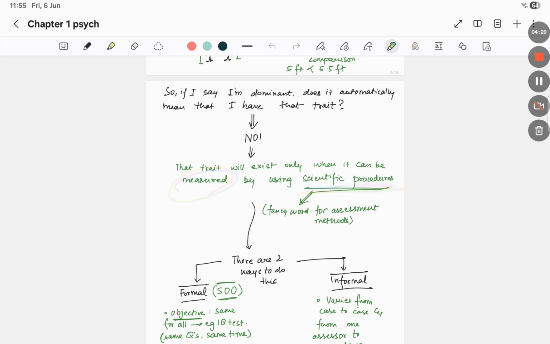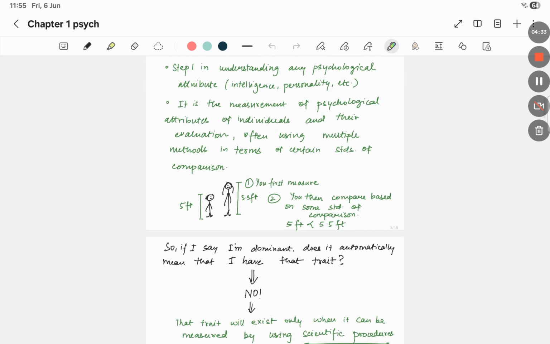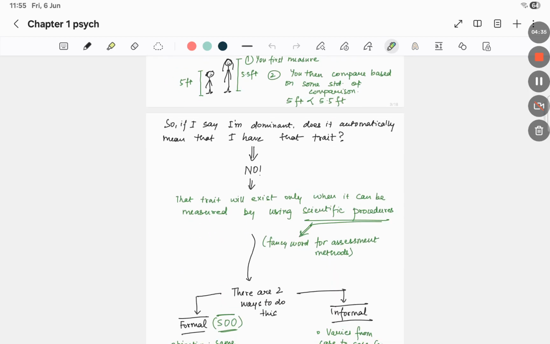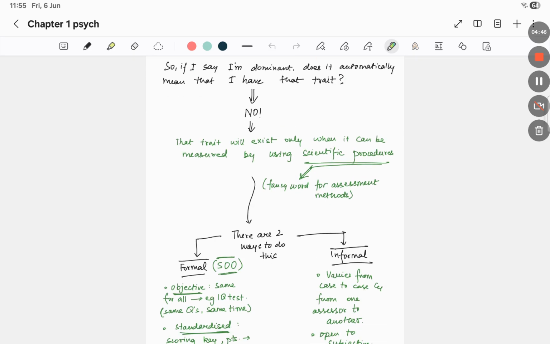This is another word for using assessment methods that we talked about, right? So that trait will exist only when it can be measured by using scientific procedures. So when it is actually tested using various methods which have certain standards of comparison, and it comes out that I actually have that trait, then only I can say that I have that trait.